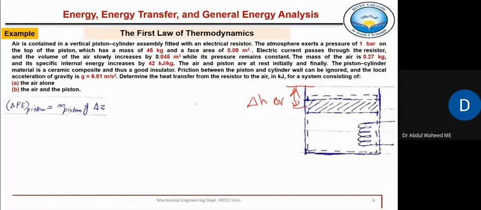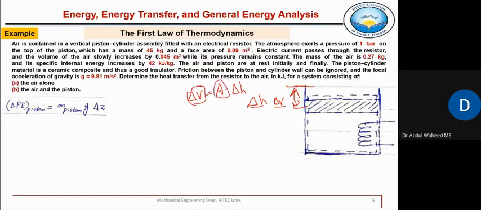And this change in height can be calculated from this, because this change in height is related to this change in volume. This change in volume, delta V, is equal to area of piston multiplied by change in height of the piston. Meter, meter square, meter cube. So this is given, the change in volume.